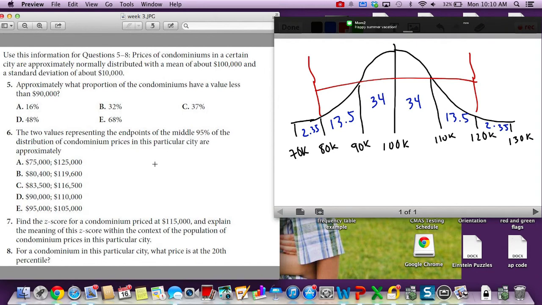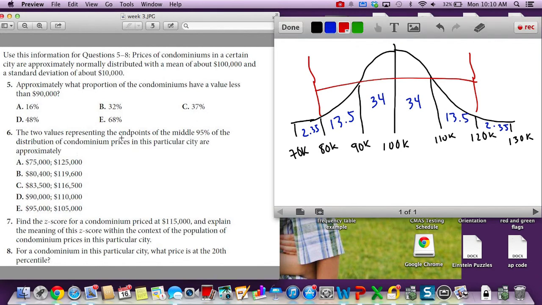So that's 80 to 120. If it's approximate of about $10,000, so I want 80 to 120, so my answer is going to be B. 80 to 120. 119.6 is 120.